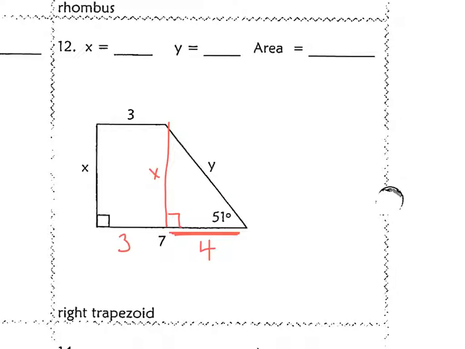Solve for x. What does x represent in terms of our trapezoid? The height. What'd you get? 24.5. Right, or 24.7. Okay? So tangent of 51 is equal to x over 4. Cross multiply, x equals 4 tan 51.